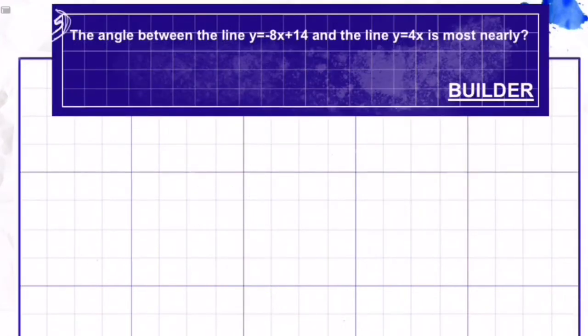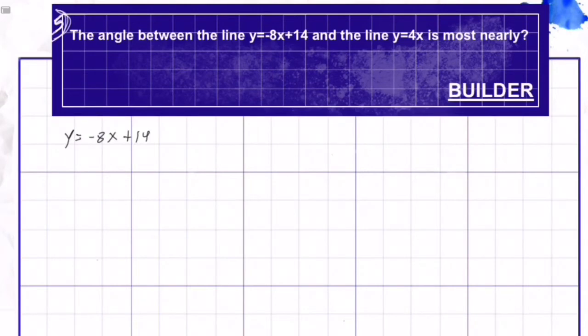So let's do the fifth example. The angle between the line y equals negative 8x plus 14 and the line y equals 4x is most nearly. So we have the first equation that states y equals negative 8x plus 14.